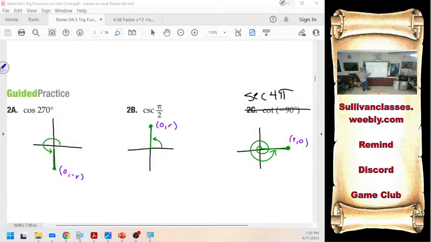And X is 0, Y is negative R, R is freaking R. X is 0, Y is positive R, R is freaking R. X is R, Y is 0, R is freaking R. And then, since cosine is X over R, I would put X over R, which is 0.